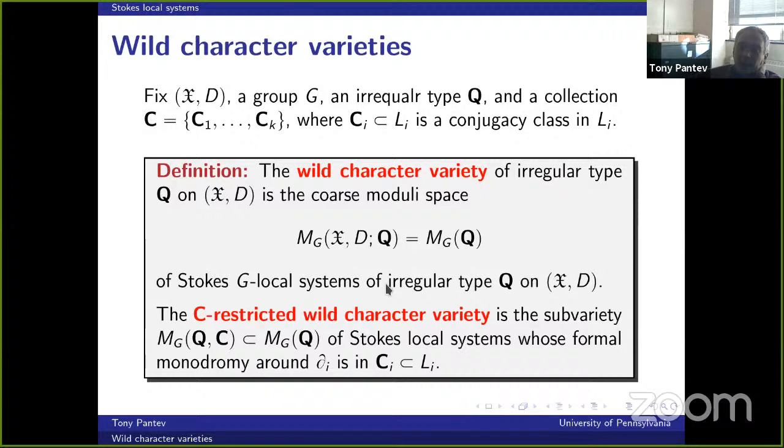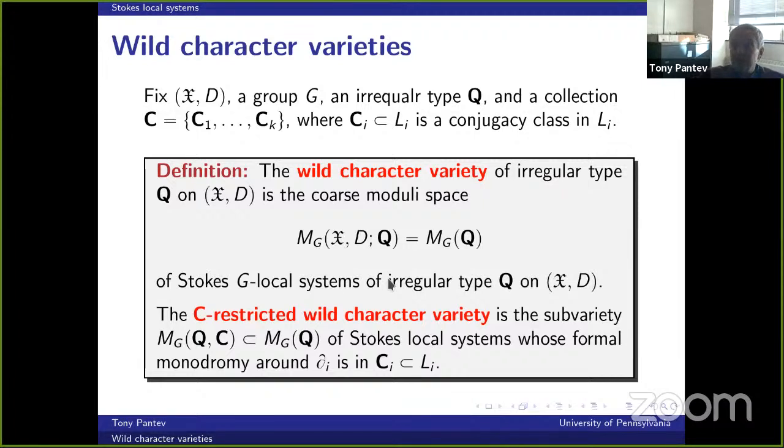And I didn't explain what the formal monodromy is. So one of the structure results in the classification of meromorphic local systems with a given irregular type says that we can do a formal gauge transformation of the connection to make it regular, to make it with a logarithmic pole at the puncture.